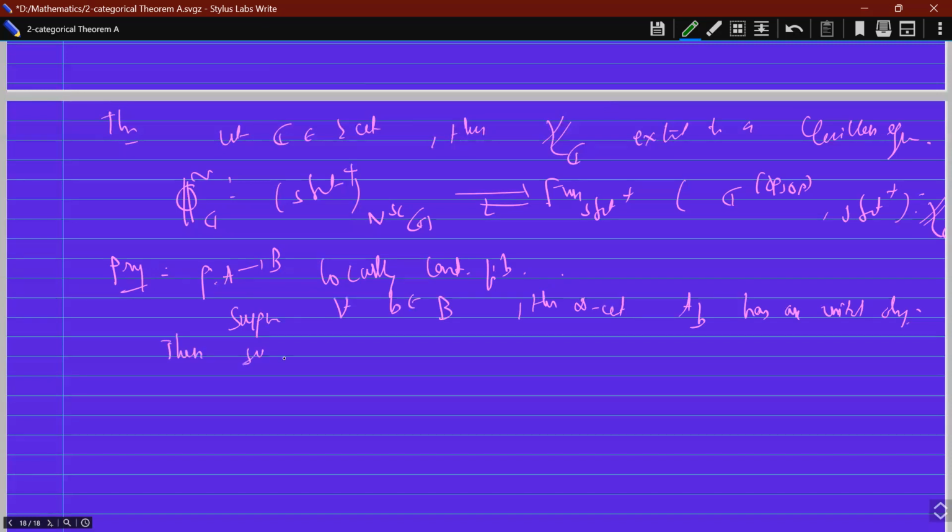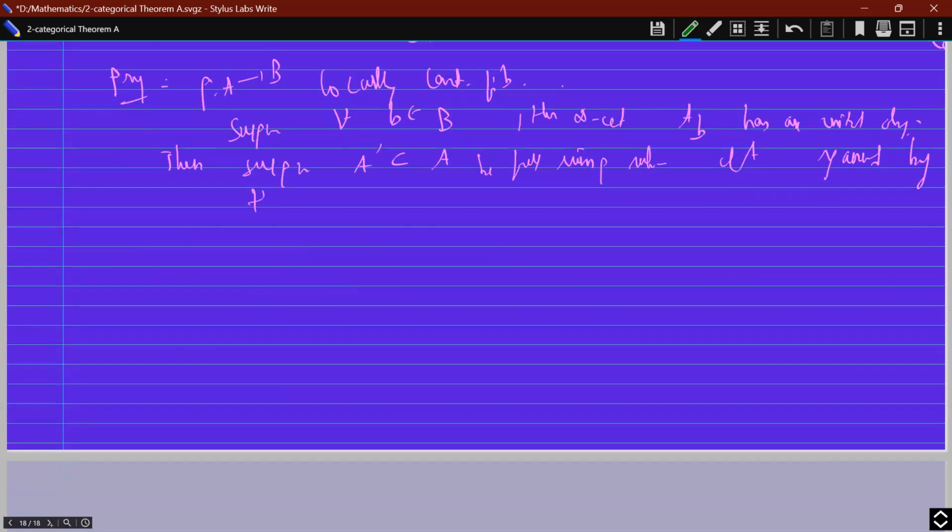Then suppose you have this inclusion, the full simplicial subset of A spanned by those objects which are initial objects in this category, P of it.